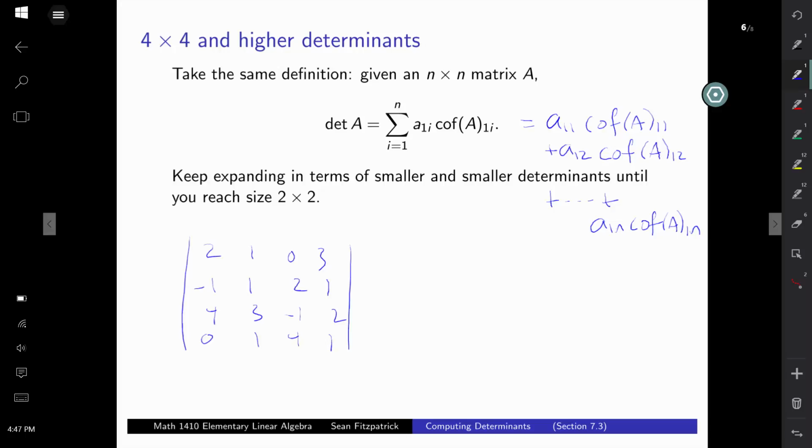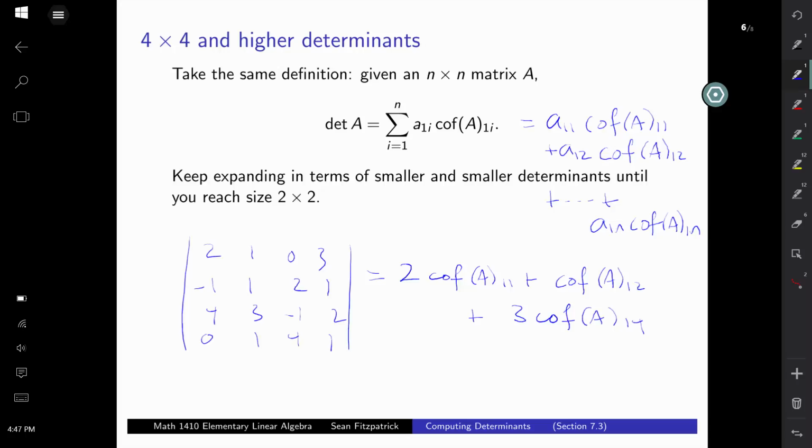Well, you would go across the first row, and you'd say, okay, it's going to be 2 times the 1,1 cofactor plus 1 times the 1,2 cofactor plus 0. Well, we won't worry about the 0, and then 3 times the 1,4 cofactor, right?